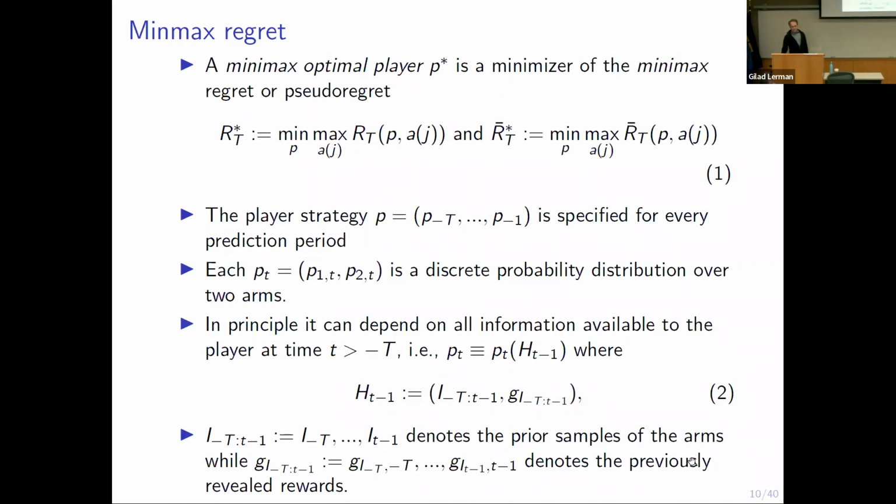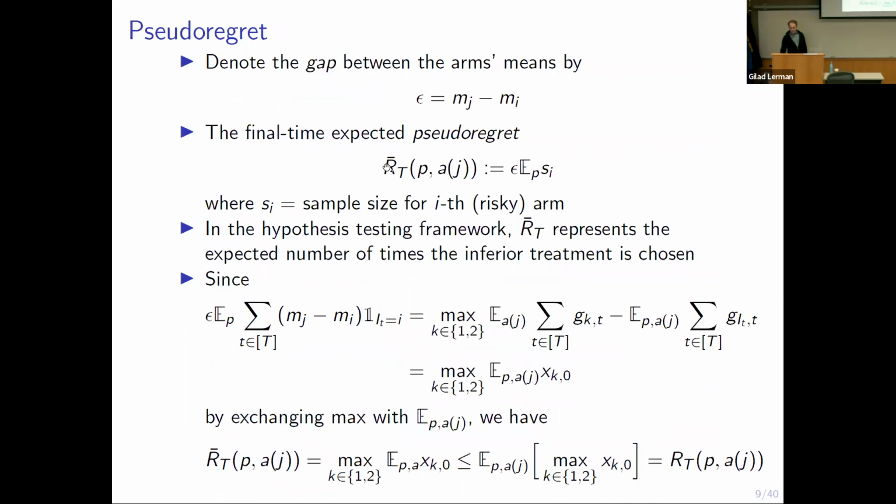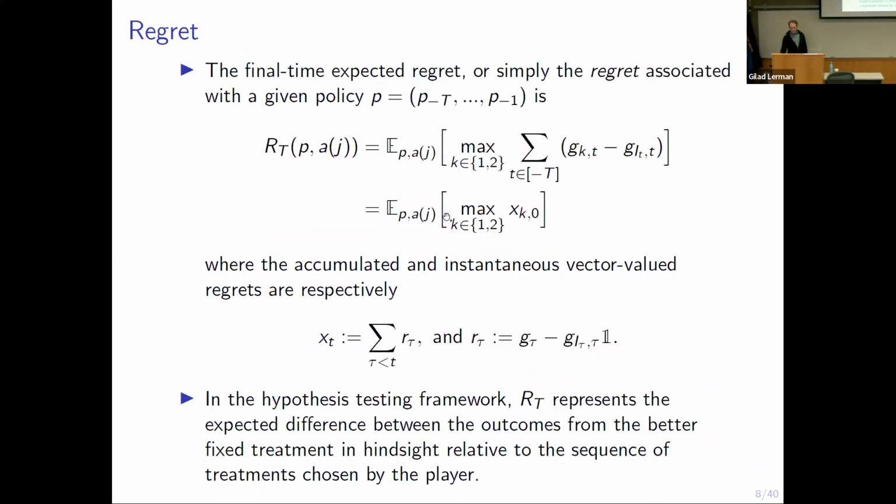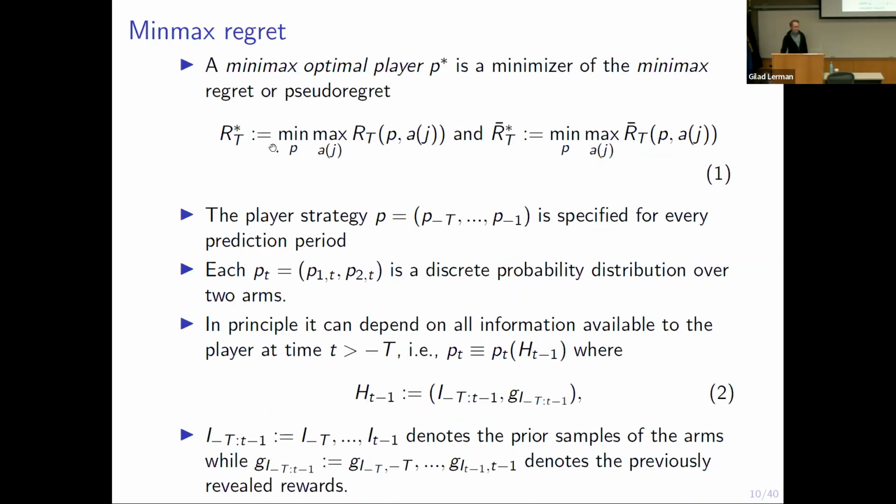Okay. So then let me talk about min-max regret and the min-max optimal player. What we want to do is define a min-max optimal player. It is a minimizer of the min-max regret or pseudo-regret. Previously in this setting, we defined a maximization at final time, but there's also a maximization at the beginning.